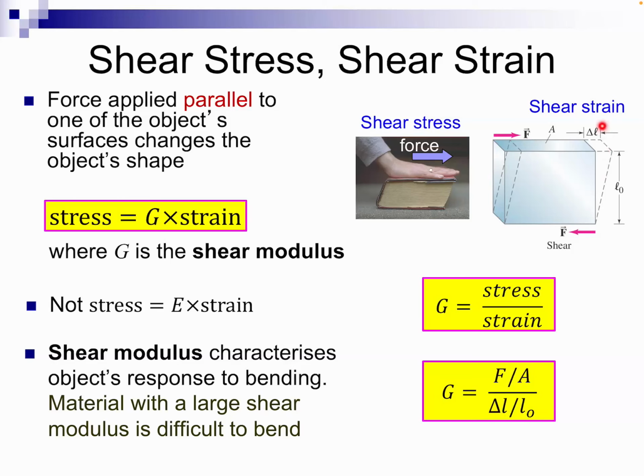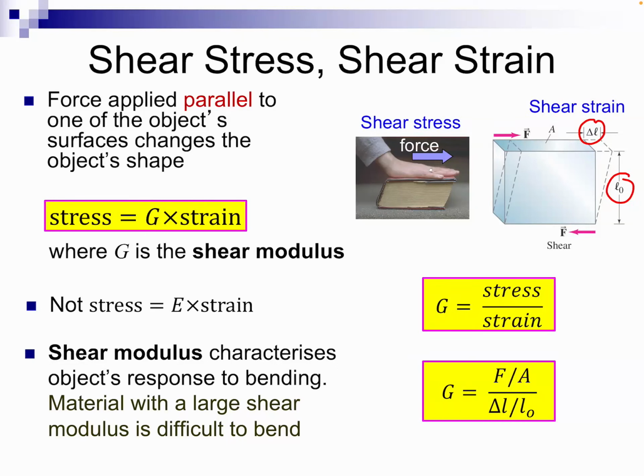Notice, though, that in shear stress you don't really elongate or compress the object. Instead, you're changing the shape of the object. So the delta L and L0 in the definition for strain should be related to the change in shape of the object, as shown in this diagram here.